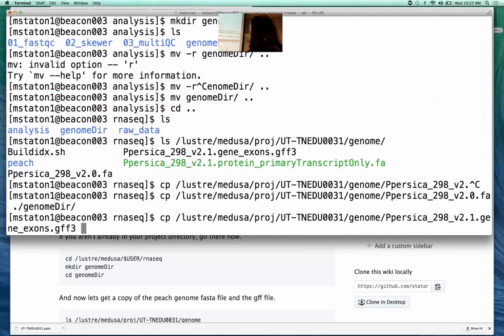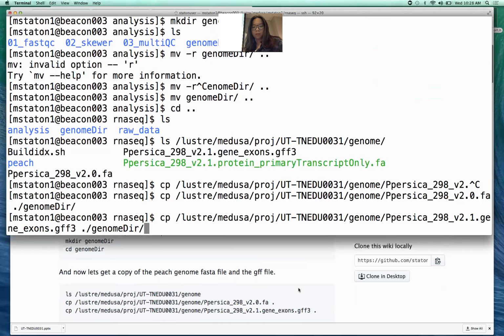And next, we will copy the GFF. Does anyone know what a GFF file is? It's an annotation file. I didn't teach this one, but it says where in the genome your genes are located. So it'll say gene 1 is on chromosome 1 from 111,000 bases to 111,300 bases.